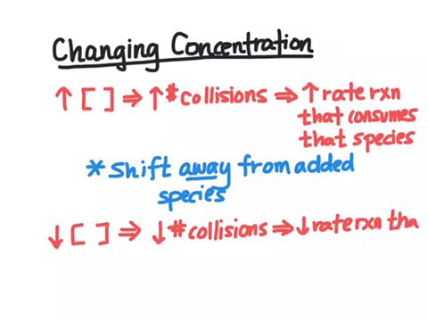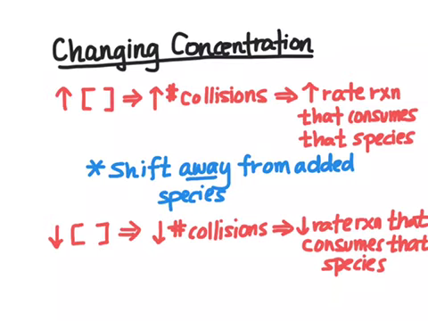And why that's important is now we're going to be producing that species at a faster rate than we can use it up. And so what's going to happen is our reaction is going to shift towards the species that we removed to replace it.